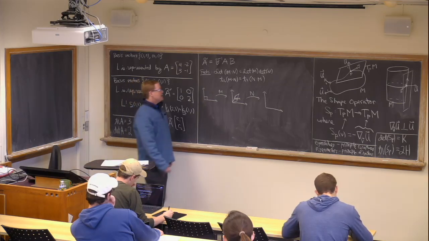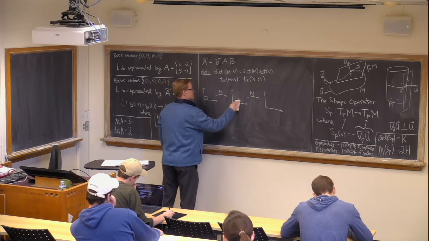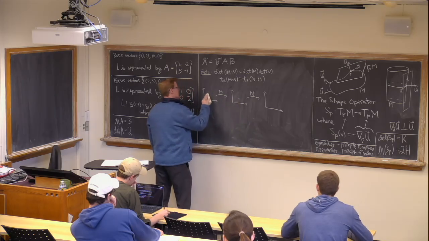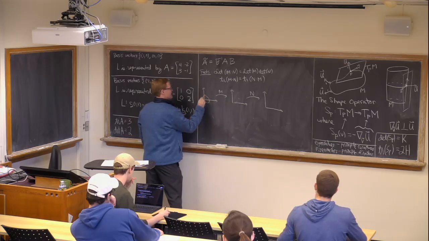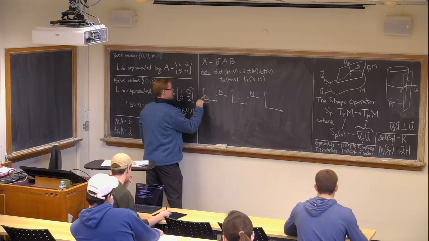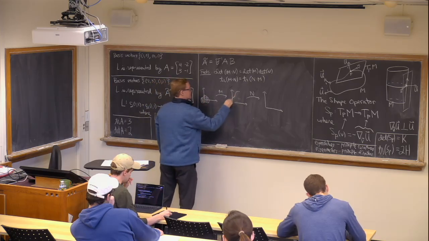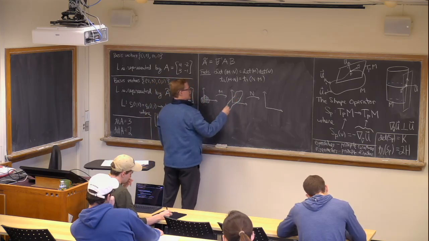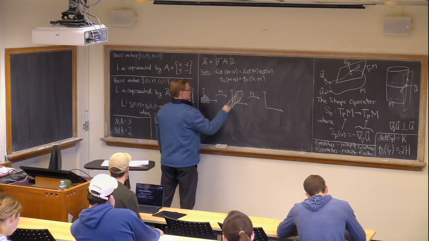But that's not just true for parallelograms, because everything is made up of little squares. More generally, if I have some region over here, I can think of it as a bunch of little squares, and it gets stretched to some region over here, made of a bunch of parallelograms.